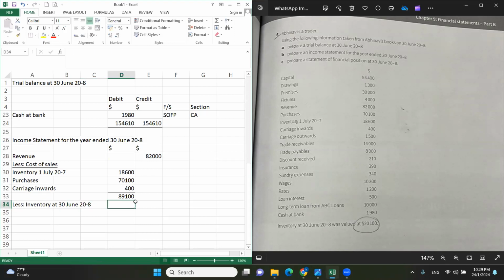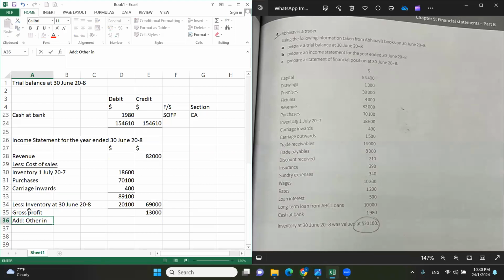So this one is 20,100. So we take this minus this, so we get, okay, now next take the revenue minus this one, we get gross profit.